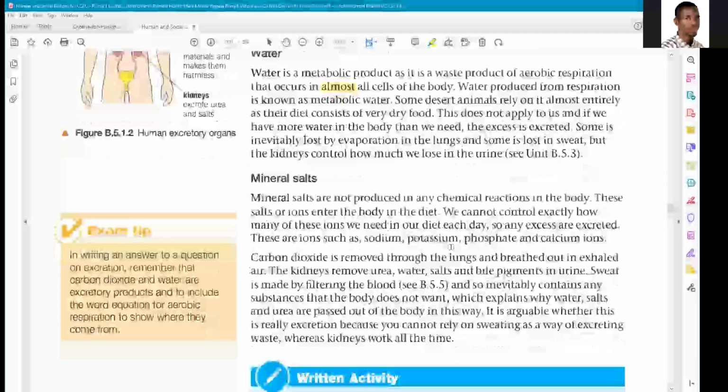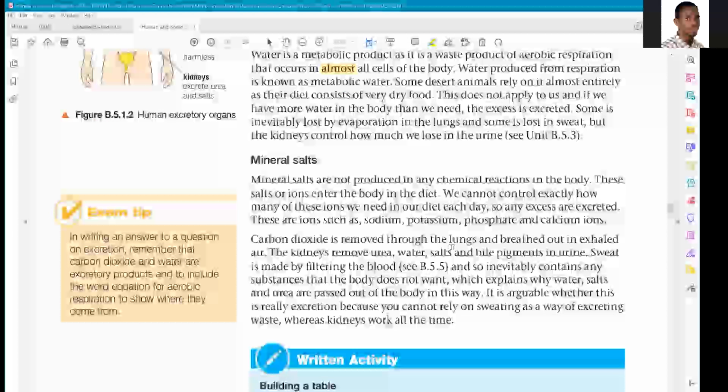Okay, the mineral salts. Mineral salts are not produced in any chemical reactions in the body. These salts or ions enter the body in the diet, like KFC. We cannot control exactly how many of these ions we need in our diet each day, because it's soluble, it's going to pass out.